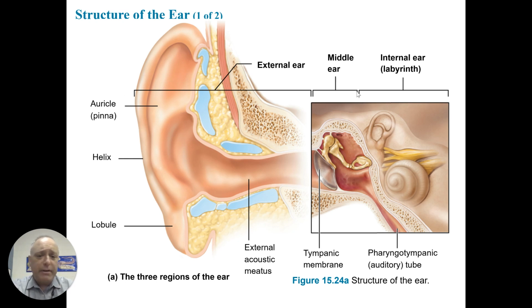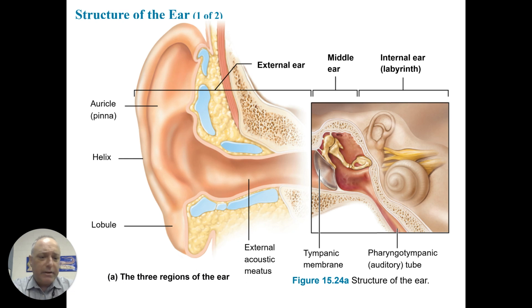Now the middle ear is where the acoustic meatus arrives at the tympanic membrane, or your eardrum. And then there are three small bones responsible for transduction of the sound to the cochlear nerve.